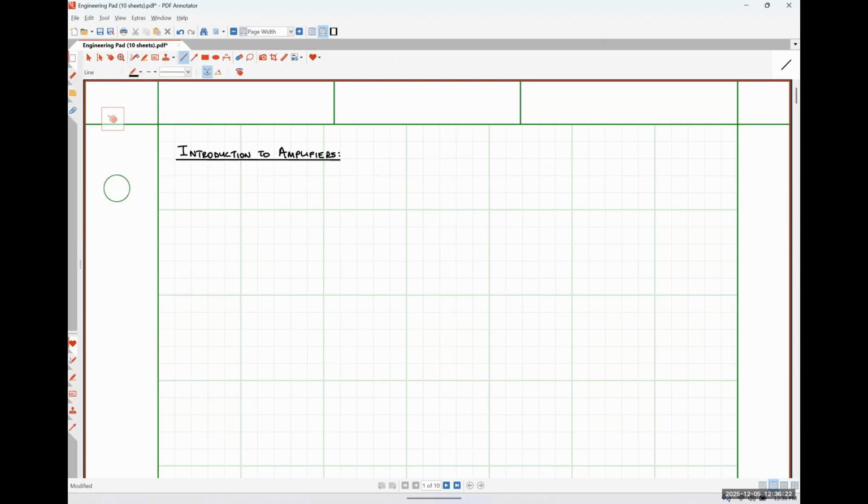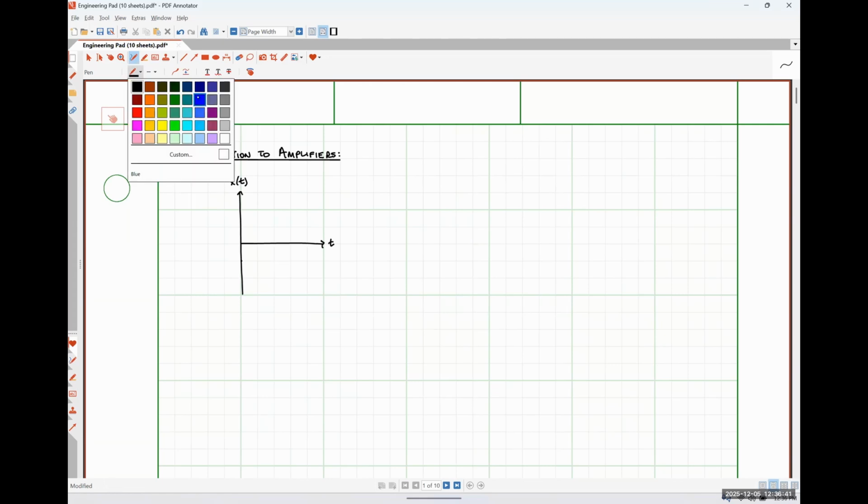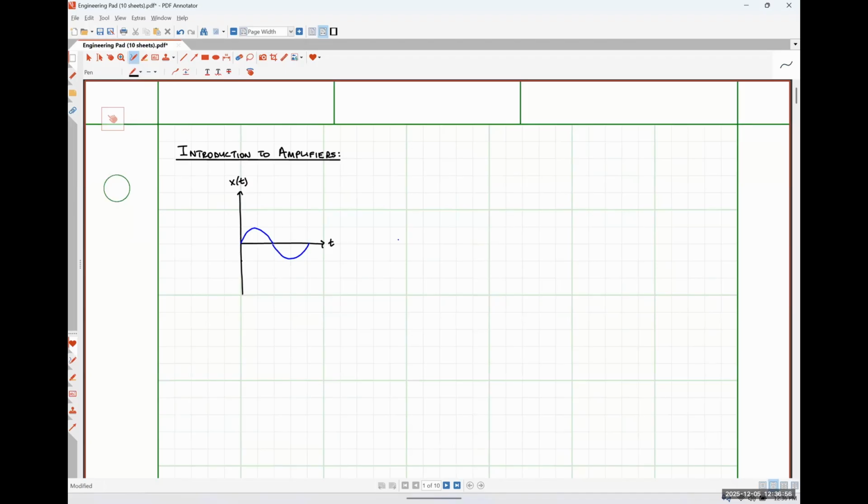So let's say that I have some input signal x of t, like so. Where, for simplicity's sake, I'm just going to make this a simple sinusoid. So I've got a sinusoidal signal like so, and I'm going to feed this signal x of t into an amplifier.